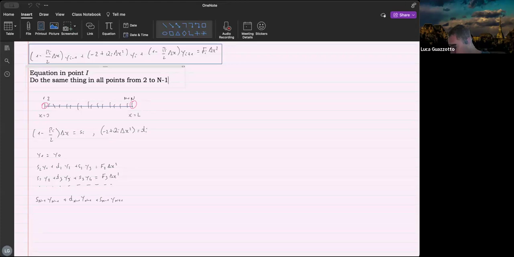And this was n minus 2. To be careful with my indices. So n minus 2, n minus 1, and then n is equal to f n minus 1 delta x squared.